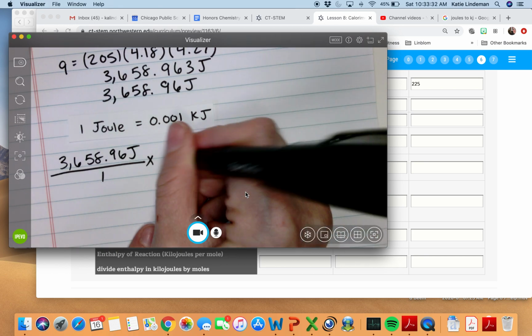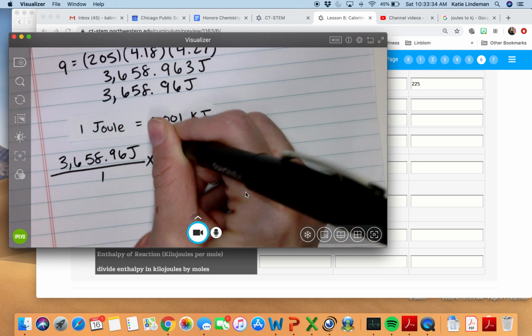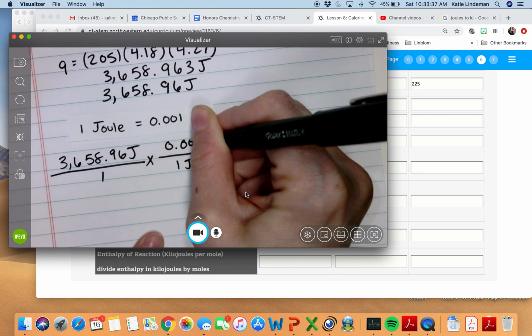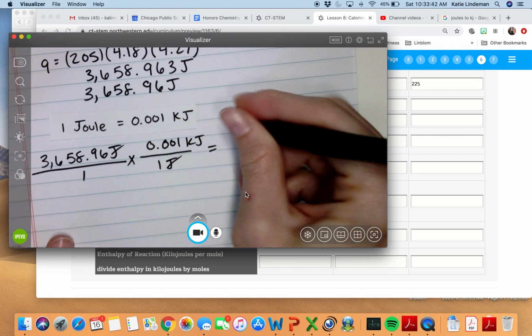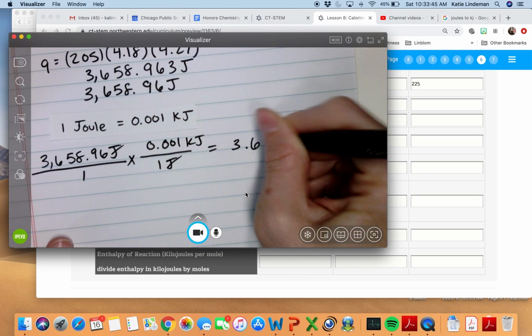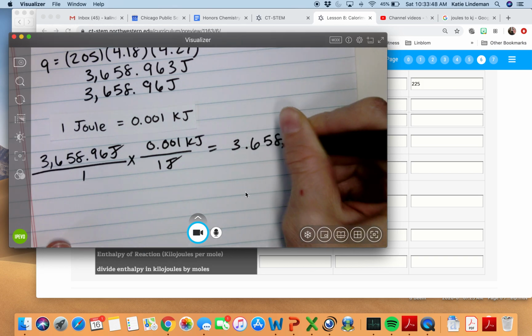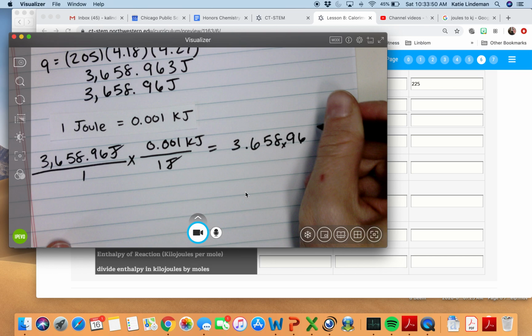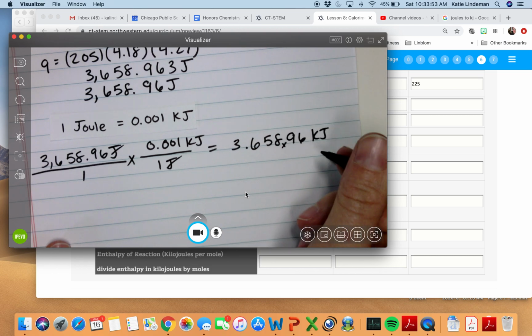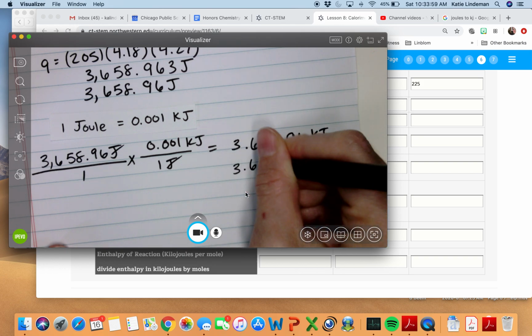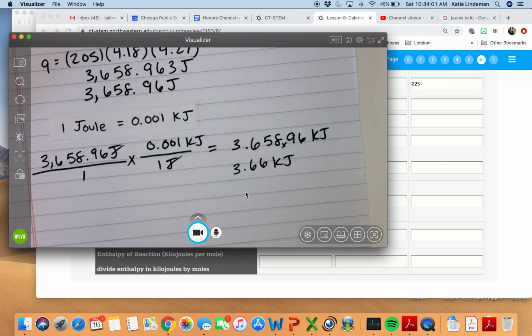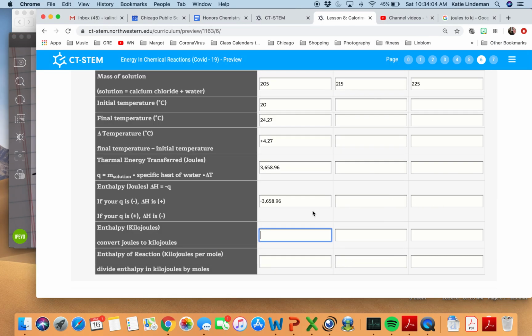Since joules is at the top, 1 joule goes down here, 0.001 kilojoules is here, joules cancels out, and we end up with 3.65896 kilojoules. And again, I want to round this, so I'm going to round this so that it is 3.66 kilojoules, just so I'm not dealing with that super large number anymore. So I come back over here, 3.66, oops, negative.